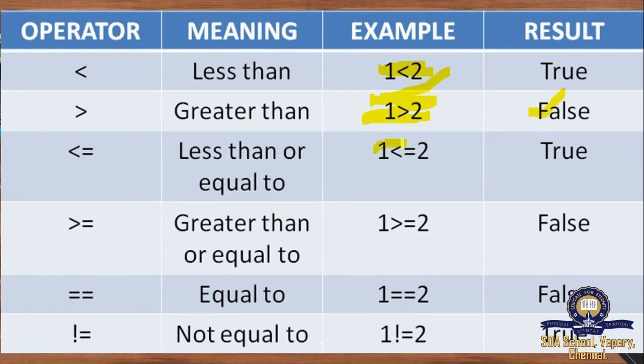Now 1 is lesser than or equal to 2. Here two conditions are being checked, and the first one is valid, so it is true. And 1 is greater than or equal to 2: both conditions are false, so it gives false.